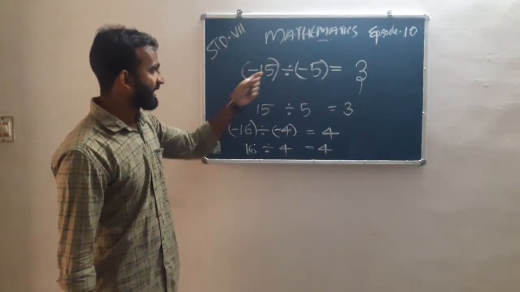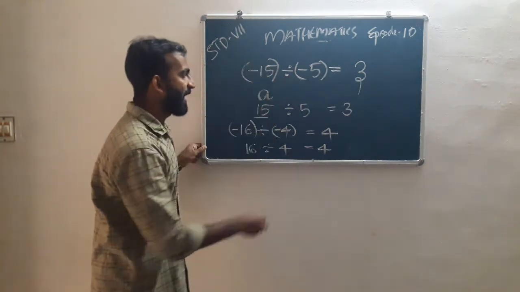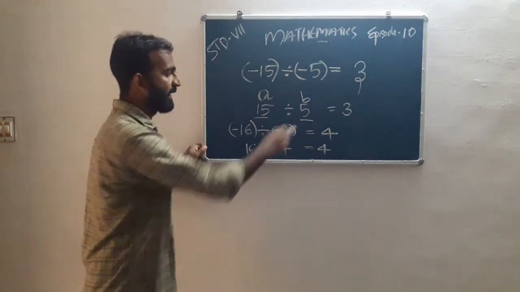Here, considering 15 as A and 5 as B, that is A divided by B, we get an answer.